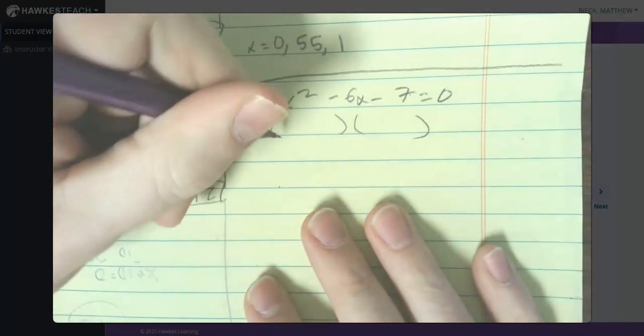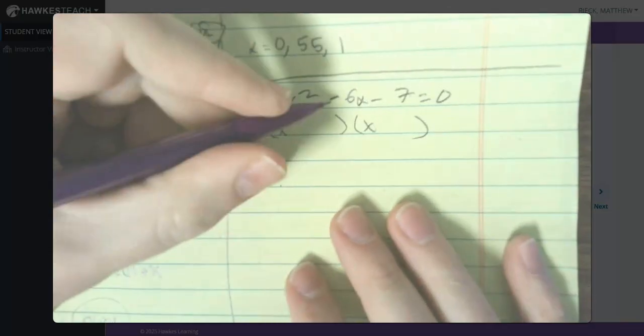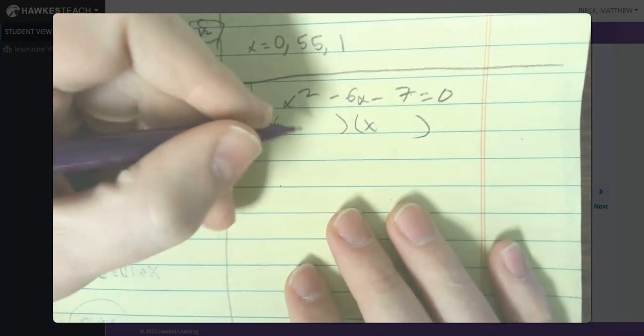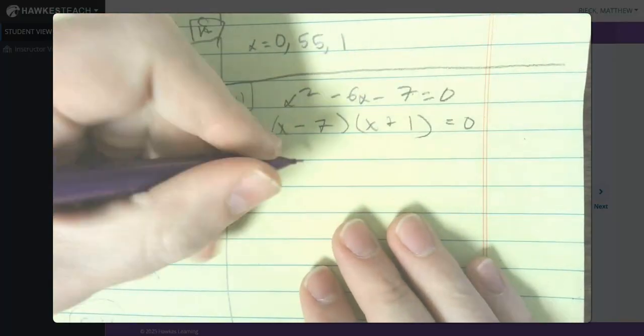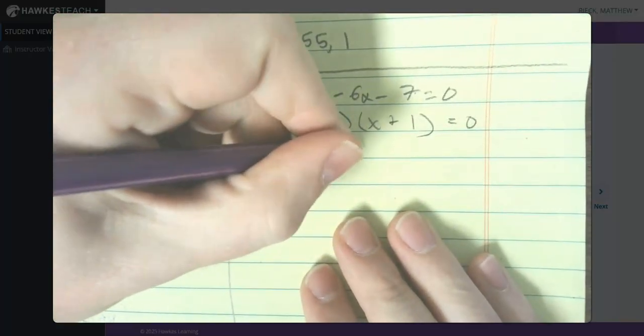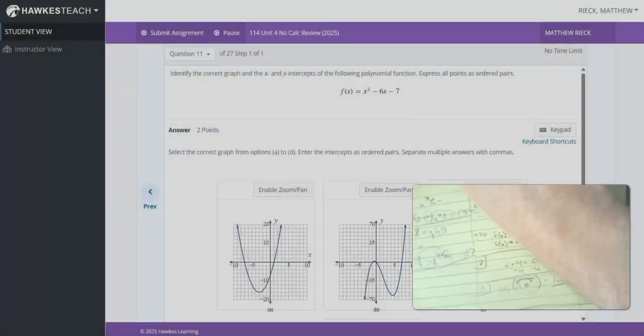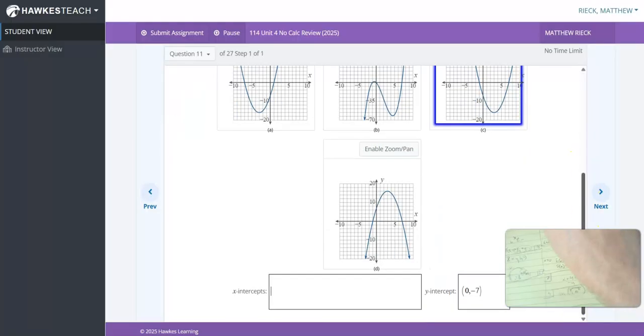We have x, x, and minus 7 plus 1. So we have x equals negative 1 and 7.